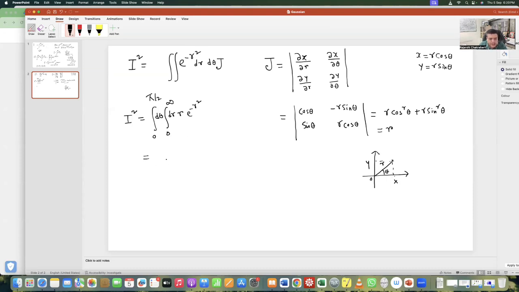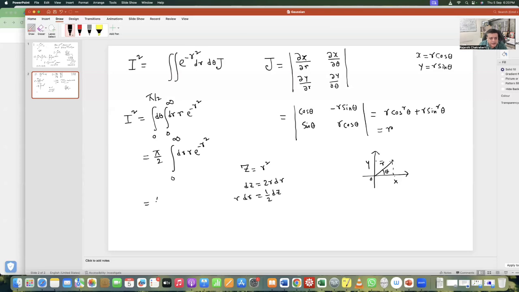You can do this theta integration very easily. It is pi by 2, and then you're left with this r integration. And this is also very easy to do. How do you evaluate this? I can assume that z is r square, then dz is twice r dr. So r dr is nothing but half of dz.